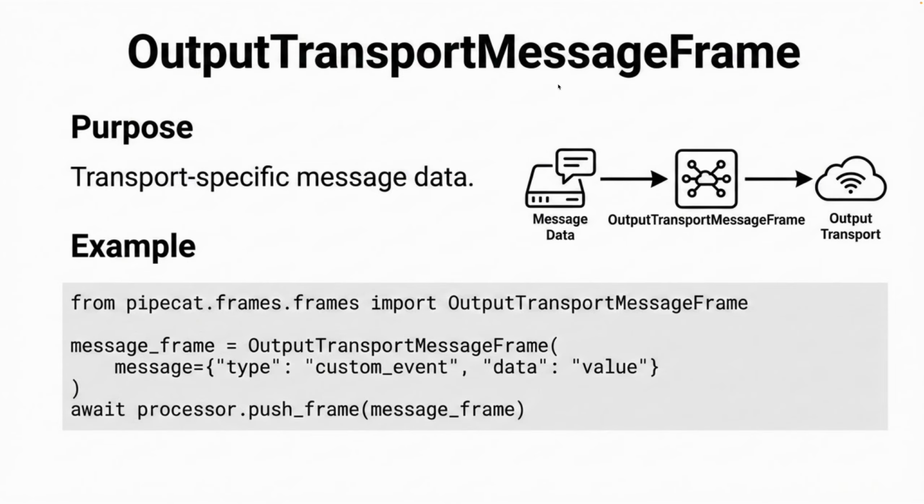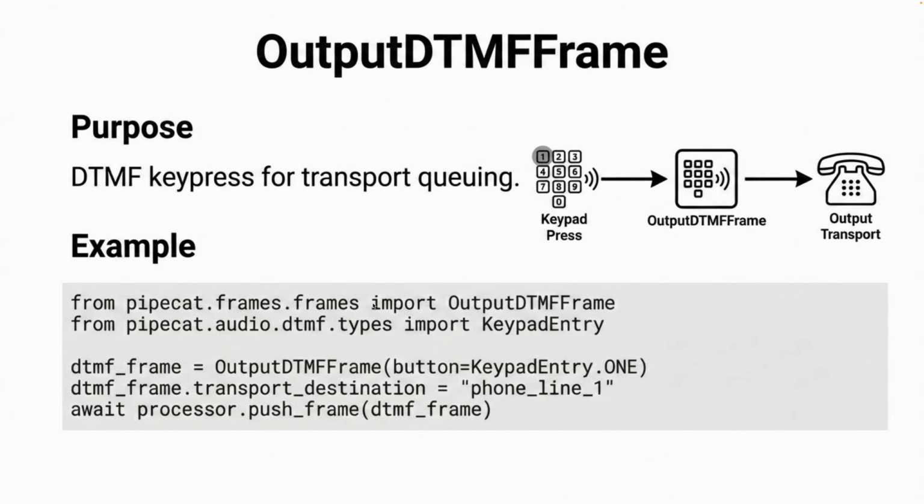Then output transport message frame. We import this output transport message, with the event and value, and then we process it. Whatever message data we have received is output to the transport. Then we have output DTMF frame. It is like the different key presses on a keyboard.